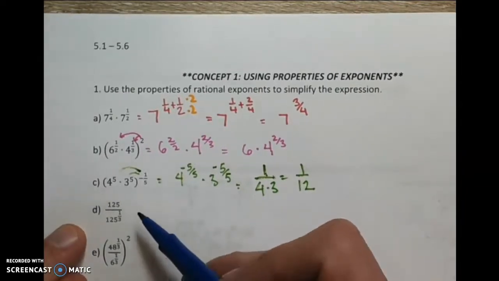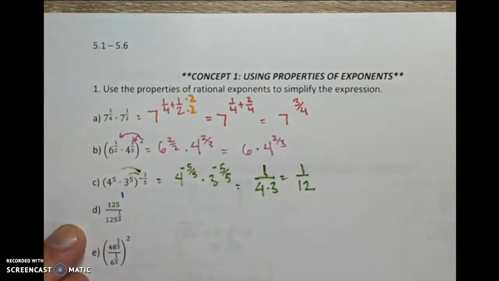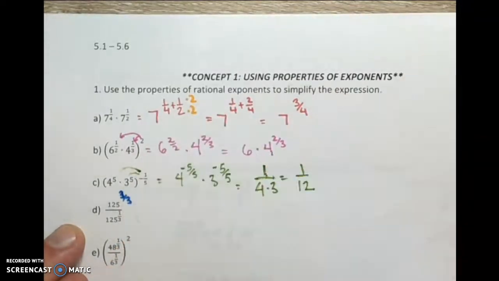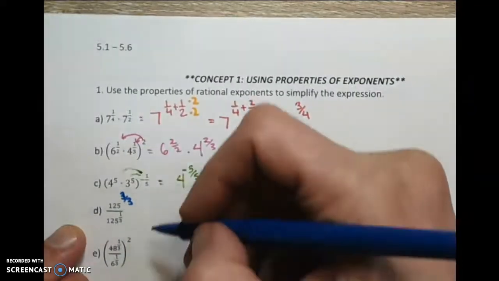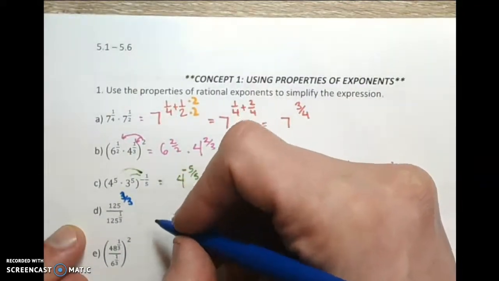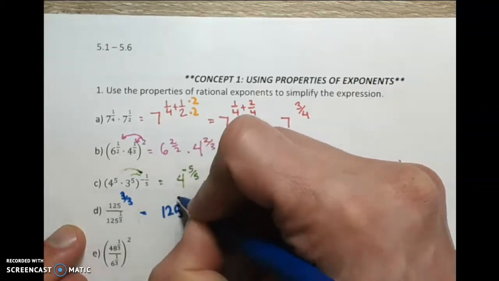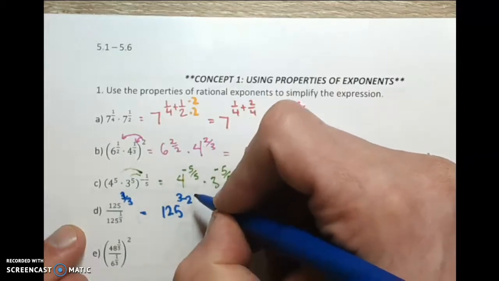Okay, next one. 125, really, it's to the 1st power, right? Over 125 to the 3rd power. So I'm just going to change that 1 to 3/3. That way I have common denominators. And if I have common denominators, I subtract my exponents. So when I do that, I get 125 to the 3 minus 2/3 power.